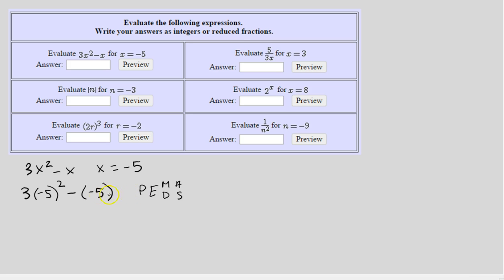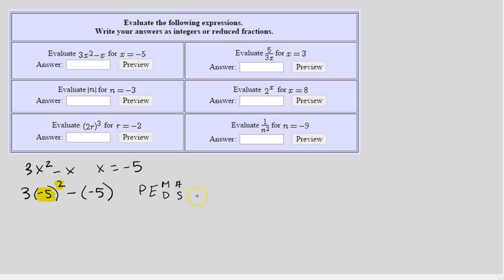So first we have parentheses written here, but notice there's no operations to perform in the parentheses. This is just a number -5 and the same here. So no operations in parentheses to perform. Next we're going to do exponents. So here's our exponent, and we're asked to raise -5 to the second power.